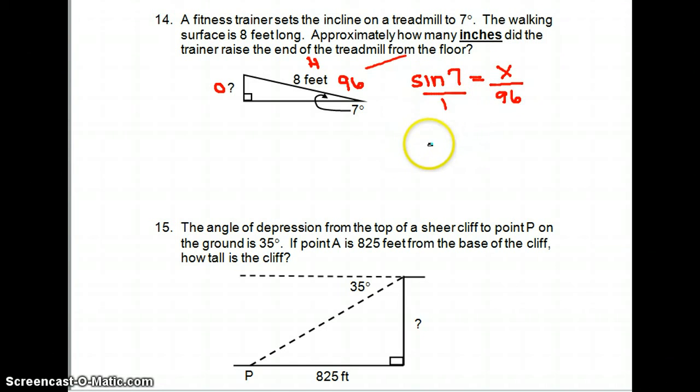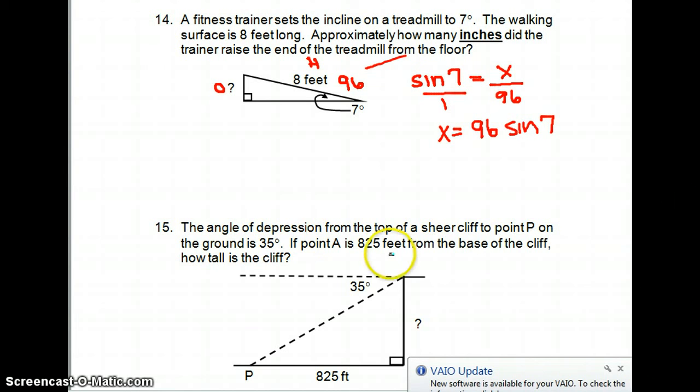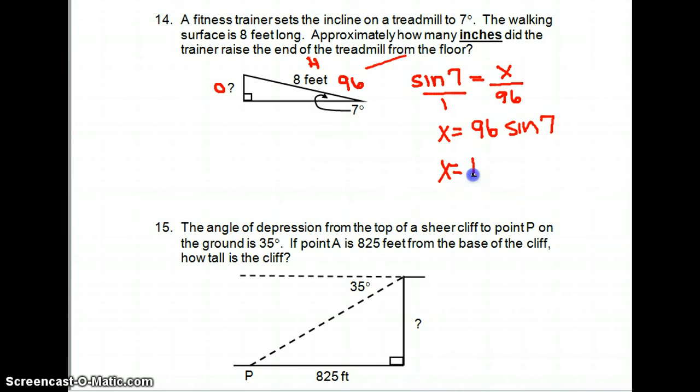And if we cross multiply, x is going to equal 96 sine 7. 96 sine 7 is 11.7. So x is going to equal approximately 12 inches.